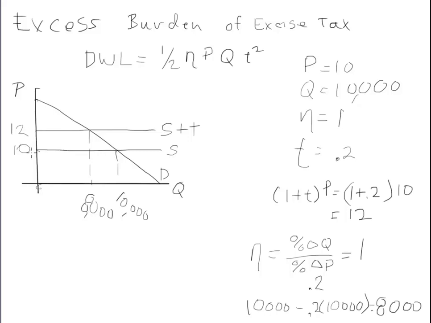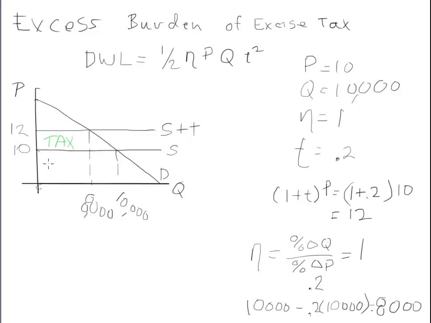This area up here, the $2 times 8,000. But let's do some different colors. This area is going to be our tax revenue right here. Actually, where's my green? So this area right here is going to be my tax revenue. And this area down here, I'm going to put it as blue.